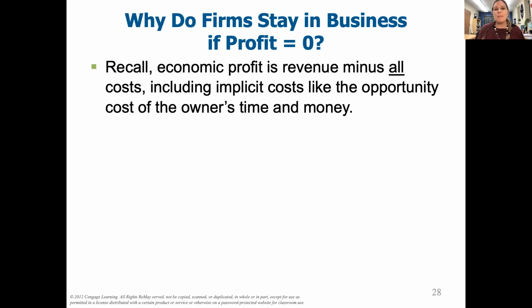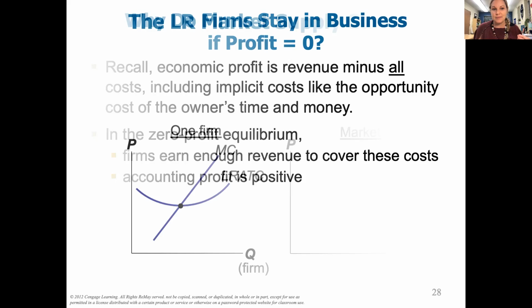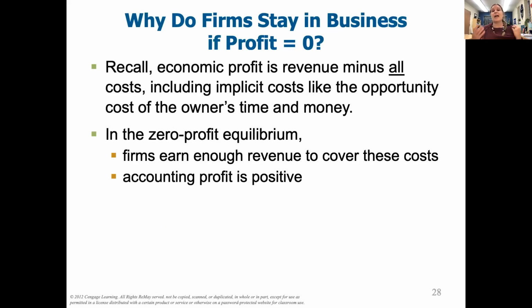So when economic profit is zero, firms are earning enough revenue to cover their costs, and accounting profit is positive. What it simply means is the accounting profit that you're earning is exactly equal to your opportunity cost.